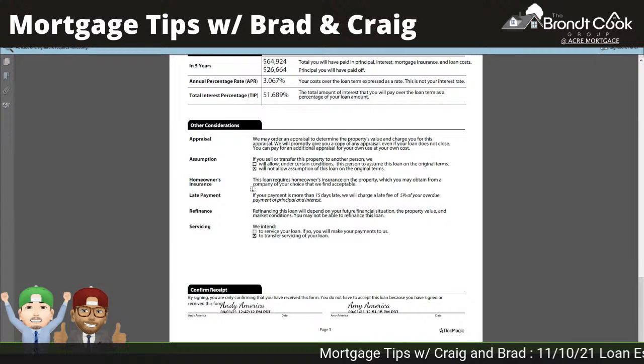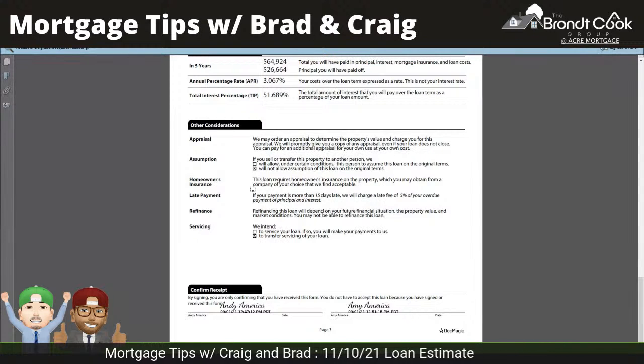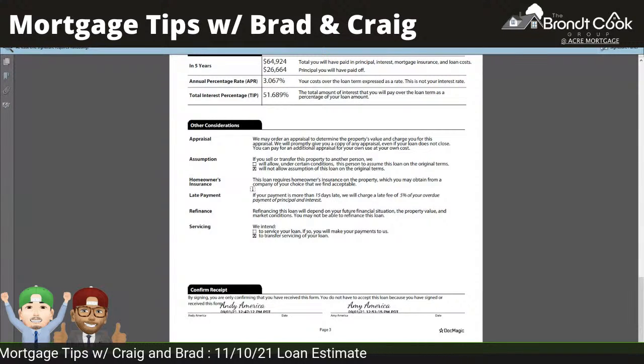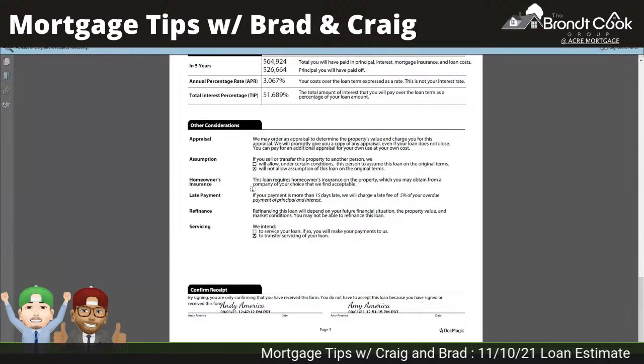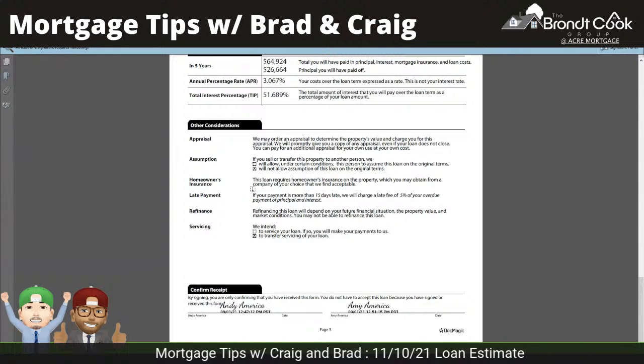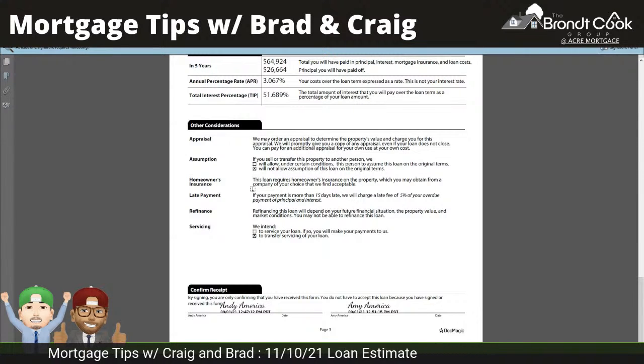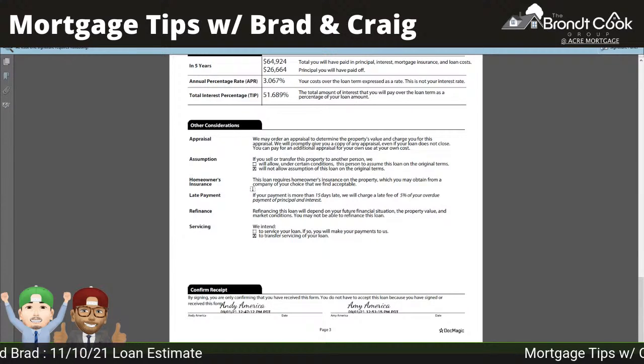And the servicing section is just saying the bank you're working with, are they going to be collecting the mortgage payments that you're paying every month? Now, we're a correspondent lender. We don't service loans. We may collect 1 or 2 payments, but we would end up selling your loan to a different servicing company.